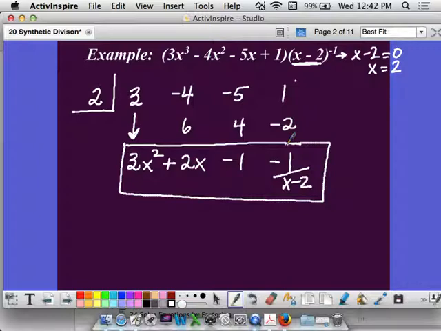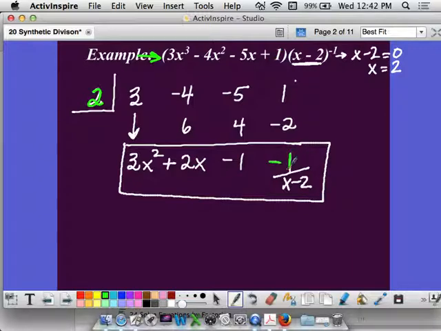What is really kind of nifty about this is it's easy to check. I can, and I can in long division as well, take this 2 and plug it into my original problem, my polynomial, and it's going to give me this remainder, negative 1.